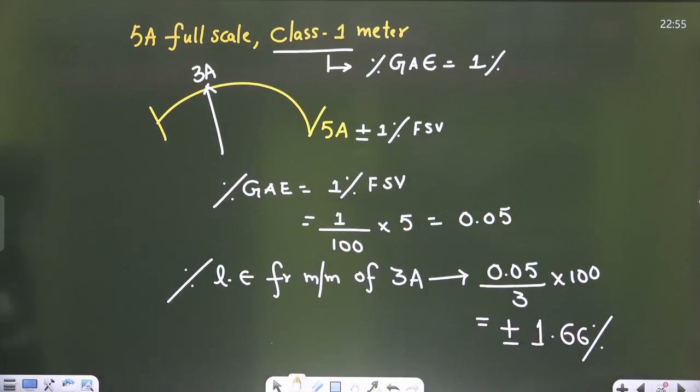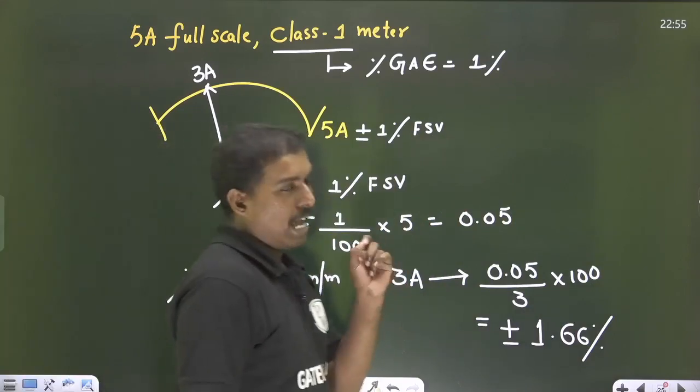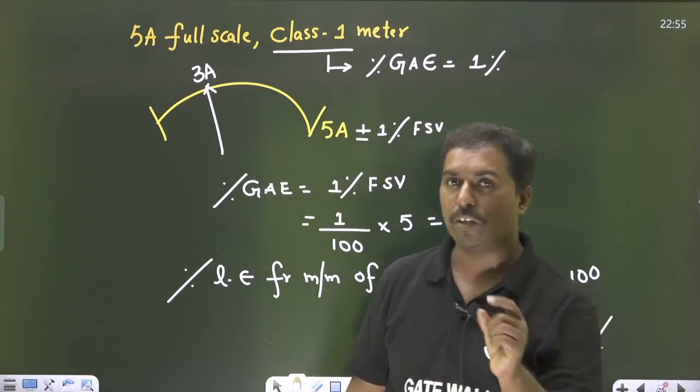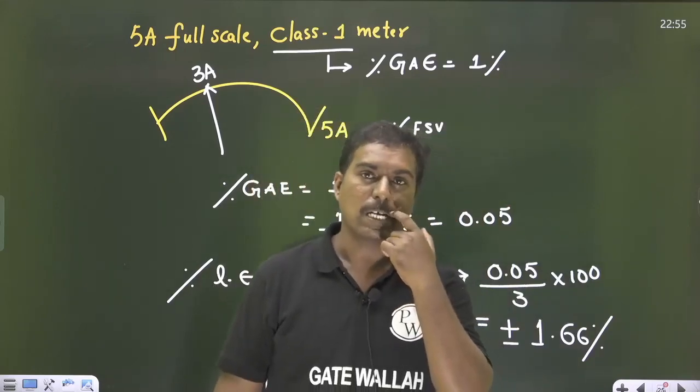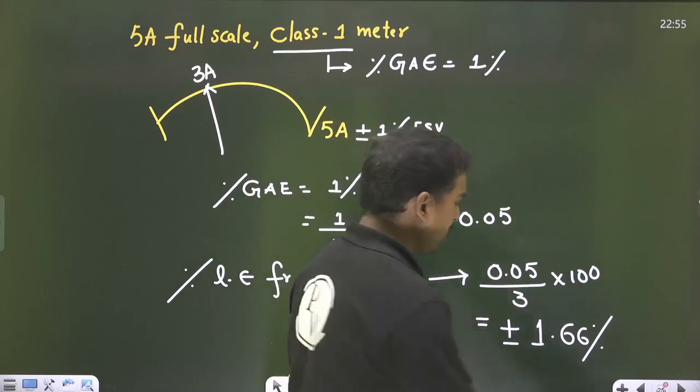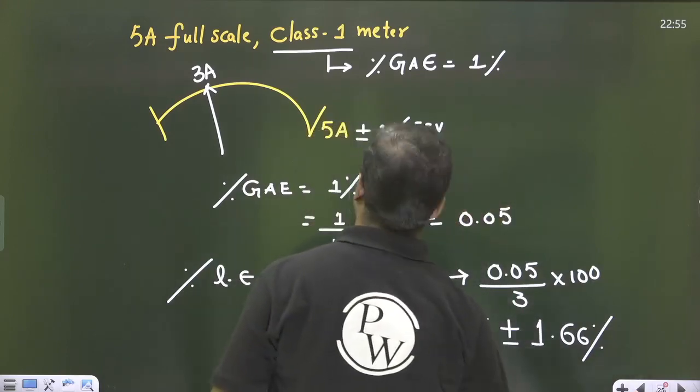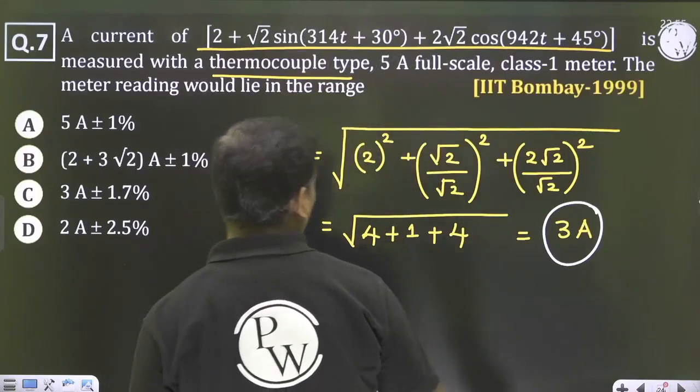Understood? Class 1 means having a guaranteed accuracy error of 1%. Try to understand, class 1 means having a guaranteed accuracy of 1%. So how to represent it?